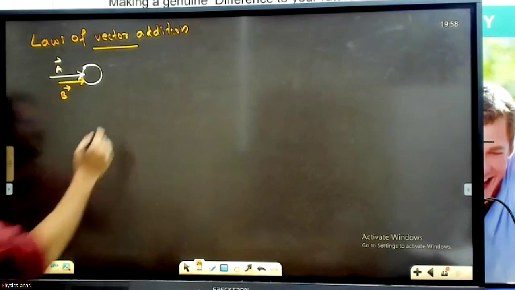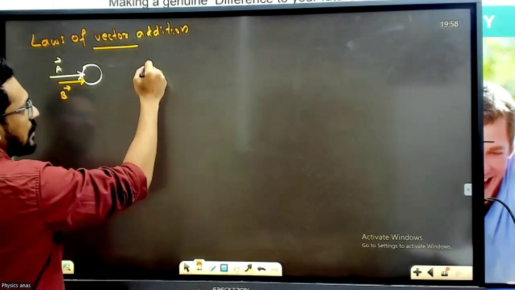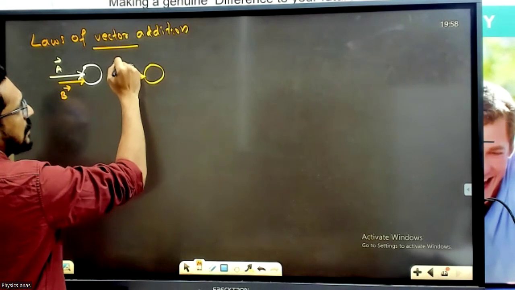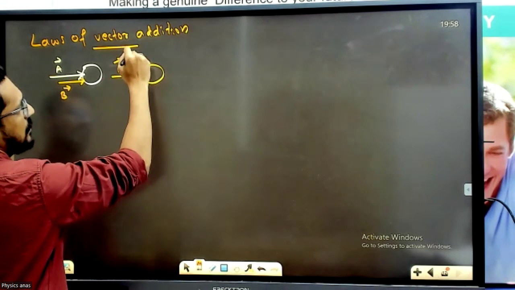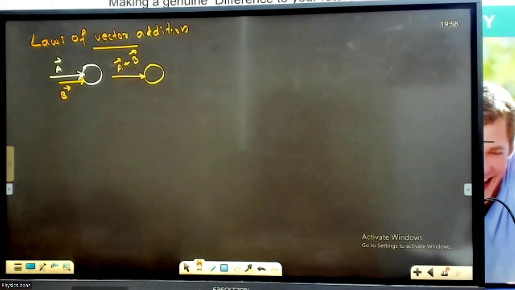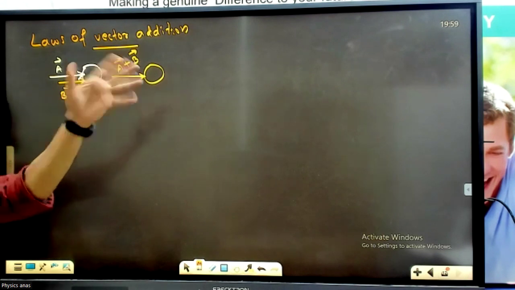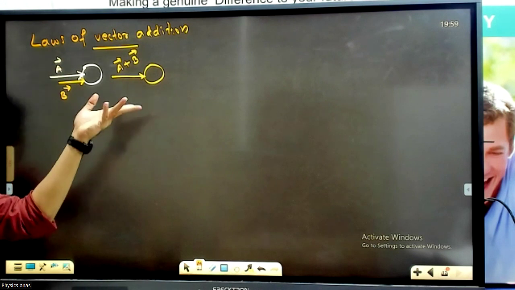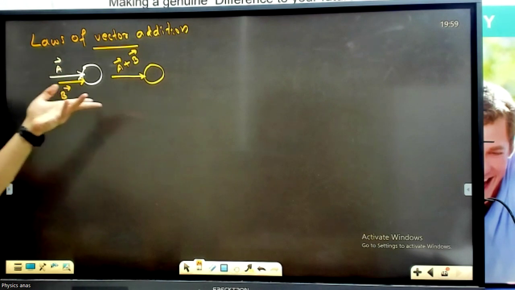That will be just A plus B, vector A plus vector B. How could you find that? Because they are acting in the same direction.